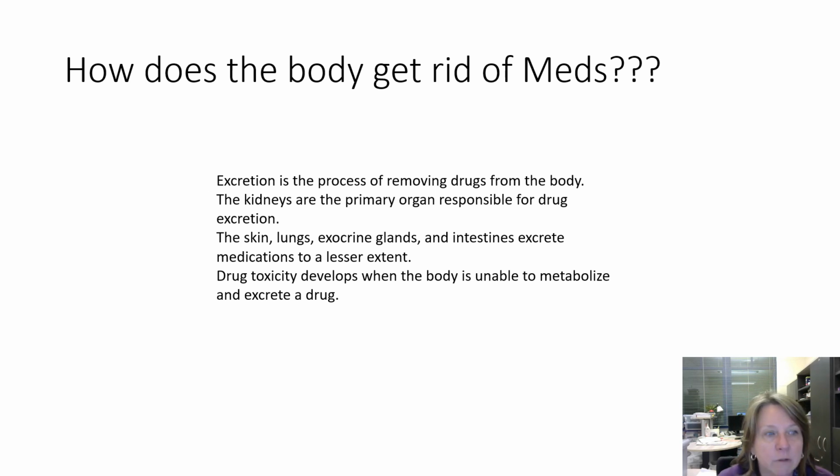Drug toxicity develops when the body's unable to metabolize and excrete a drug. I do want you to understand that and know that. If the body can't metabolize or excrete the drug, they're going to become toxic.